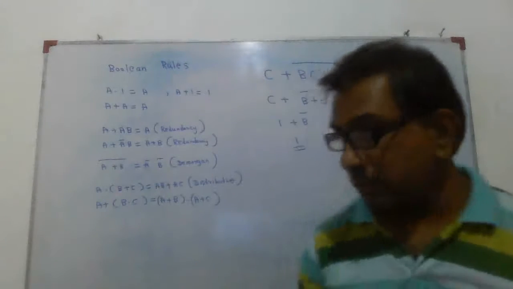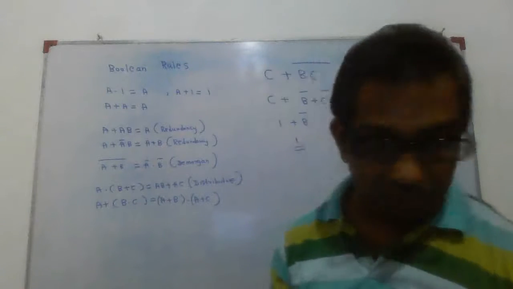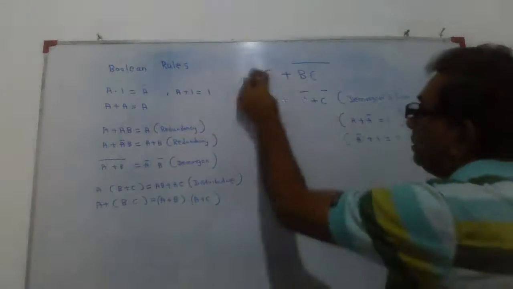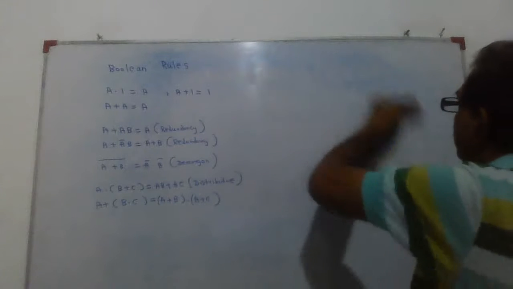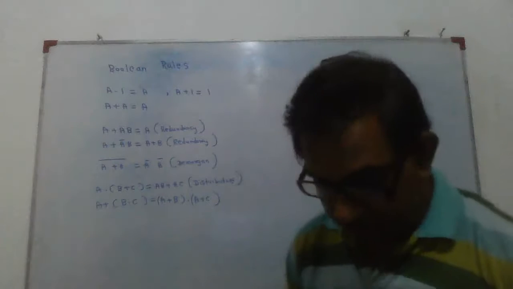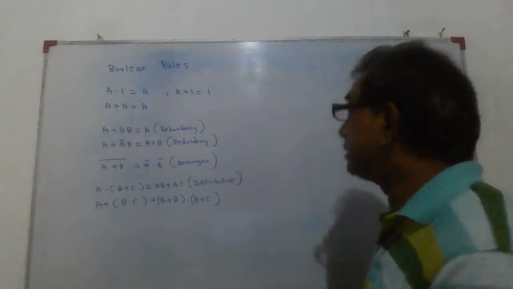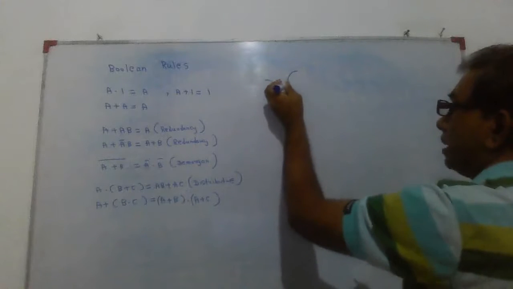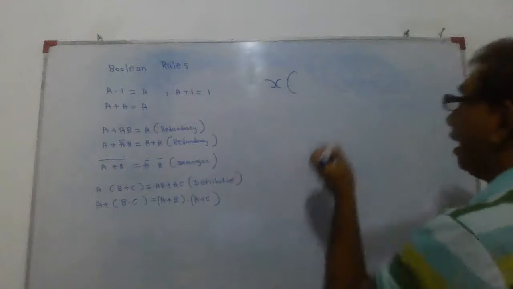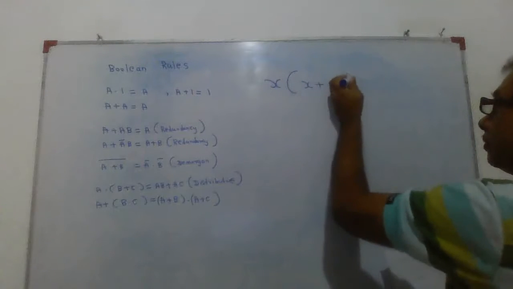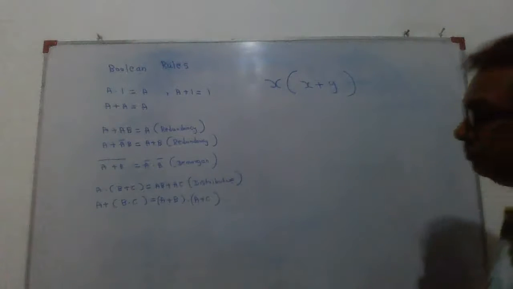What is the last example they have given? The last example is x and (x or y).